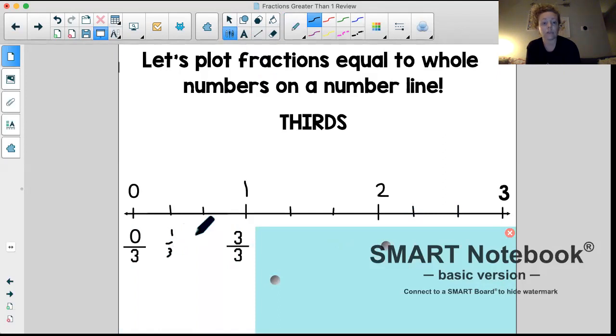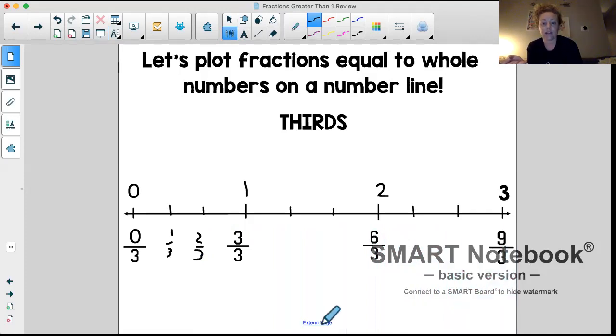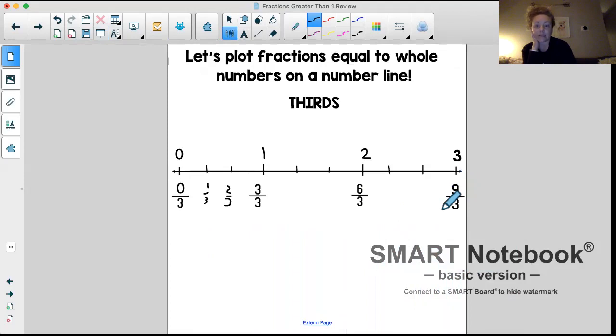We're only focusing on the whole number equivalents right now, but it's helpful to sometimes see and to write all of them. So we have 3 thirds here. That would be 4 thirds, 5 thirds, 6 thirds, 7 thirds, 8 thirds. Can you predict what would be next? We're talking about thirds and we have 3, 6, 9 thirds. So hopefully that's what everyone has there.